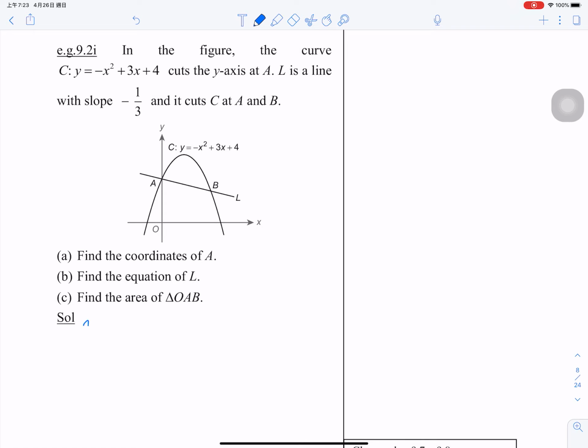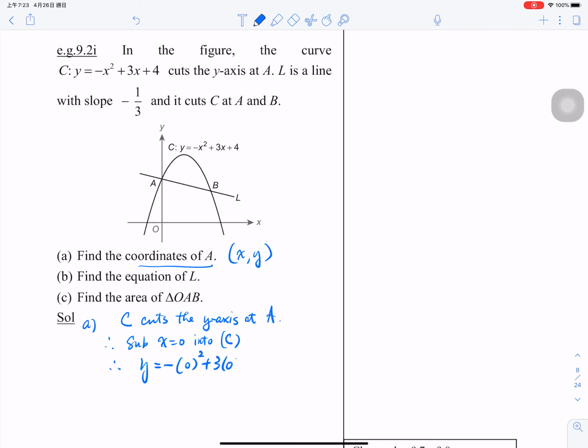So let's see. Part A. Because you need to find the coordinates, that means you need to find what is X and what is Y. Since C cuts the y-axis at A, therefore you substitute x equals to 0 into the curve C. Therefore, y equals to negative x squared plus 3x plus 4.